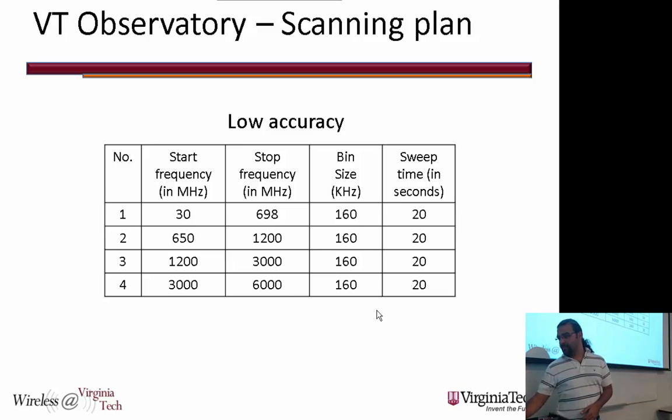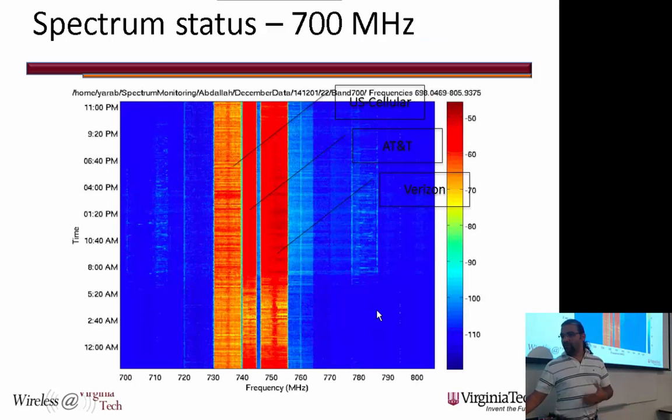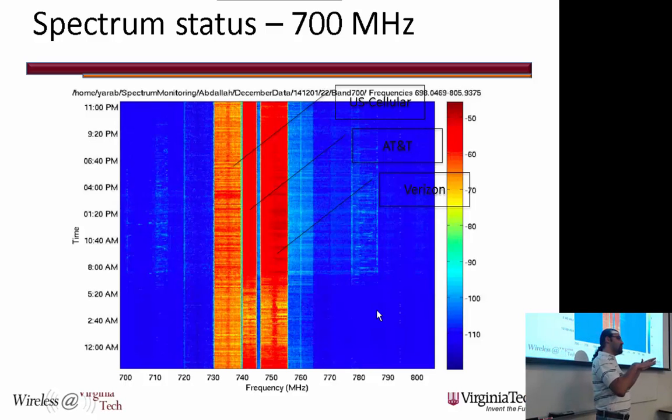Now, I will take a look at the spectrum status here in Blacksburg by focusing on some of the most important bands. This is a color-coded power, let's call it a spectrogram, for the 700 megahertz band in Blacksburg.